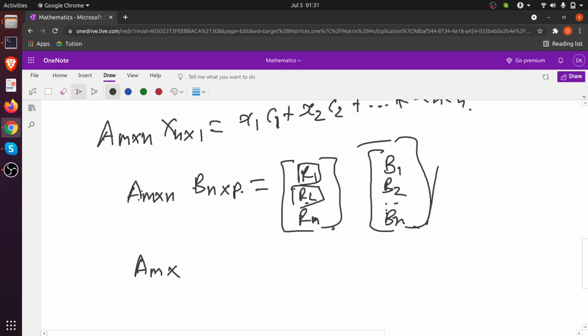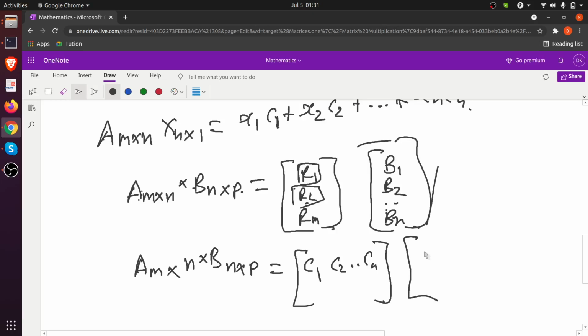Or else we can do it the column multiplication way, where matrix B is multiplied to matrix A from the right hand side, and B can also be divided into p column vectors.